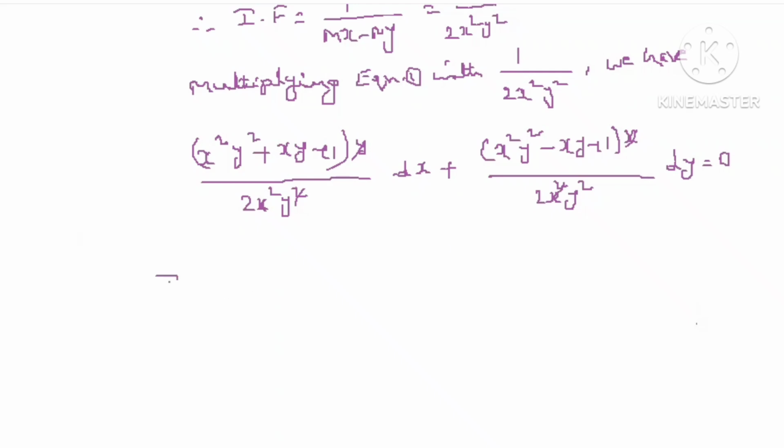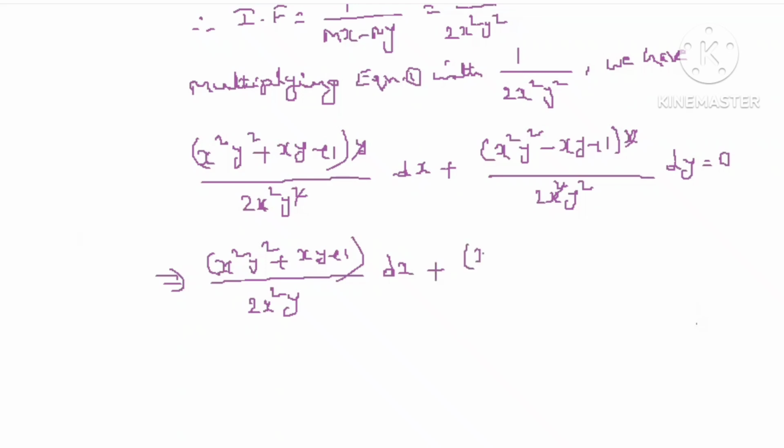So this implies (x square y square plus xy plus 1) divided by 2x square y dx plus (x square y square minus xy plus 1) divided by 2xy square dy is equal to 0.